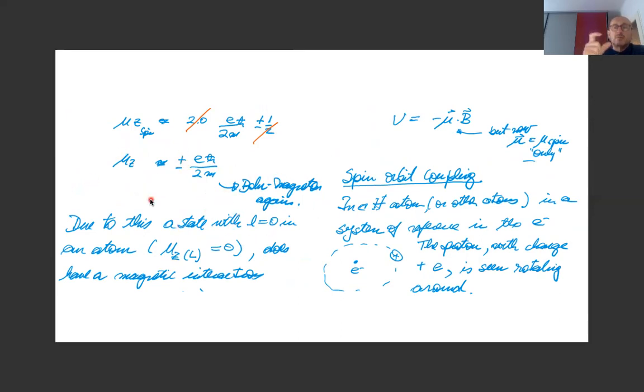If I put a magnetic field on it, and this mu is only related to the spin magnetic moment, I could get a change in the energy of this state by applying a magnetic field.